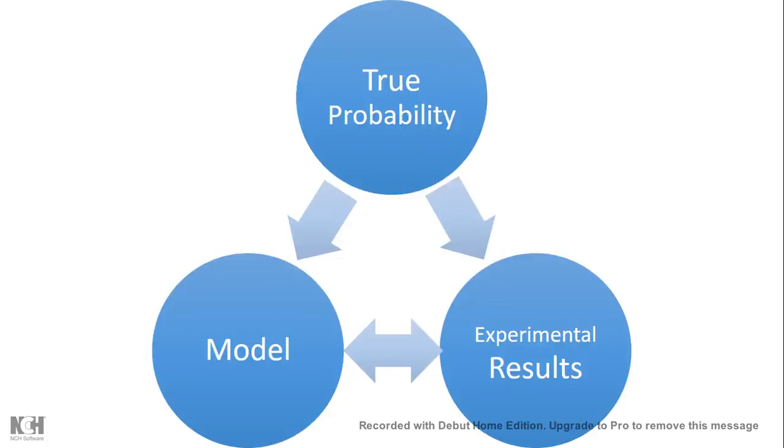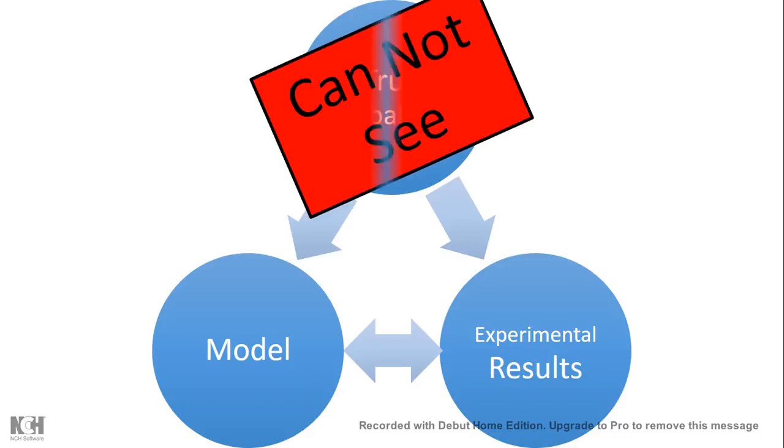Okay, so why are we doing this? Well, in the world there's the true probability of an event or events, right? But we don't get to see that. So what we do is we make assumptions and we come up with a model. We say, well, look, this is a Poisson because, and you can go to my Poisson Distribution video to find out what the assumptions you need to make are.